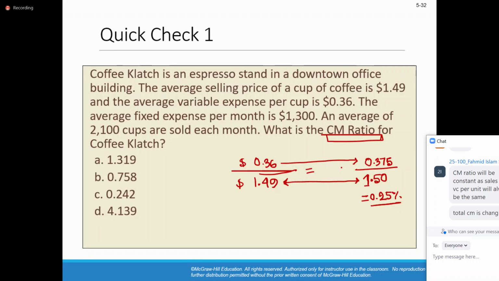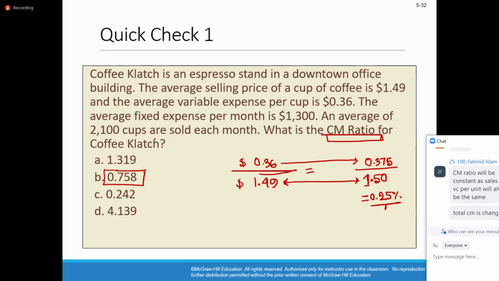So you will see that the variable expense ratio should be somewhat lower than 0.25, and alternatively the contribution margin ratio should be somewhat 1 minus the variable expense ratio, which is closer to 0.75. You see that this number is 0.758. So this should be your answer.